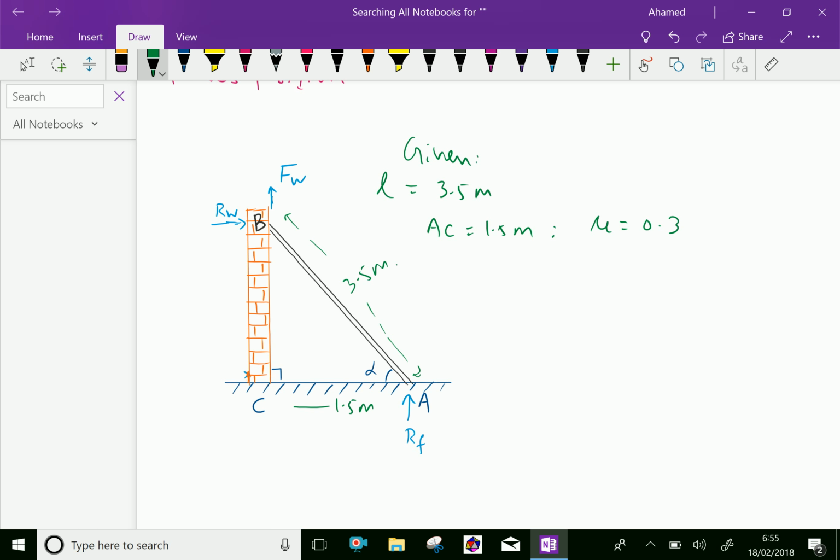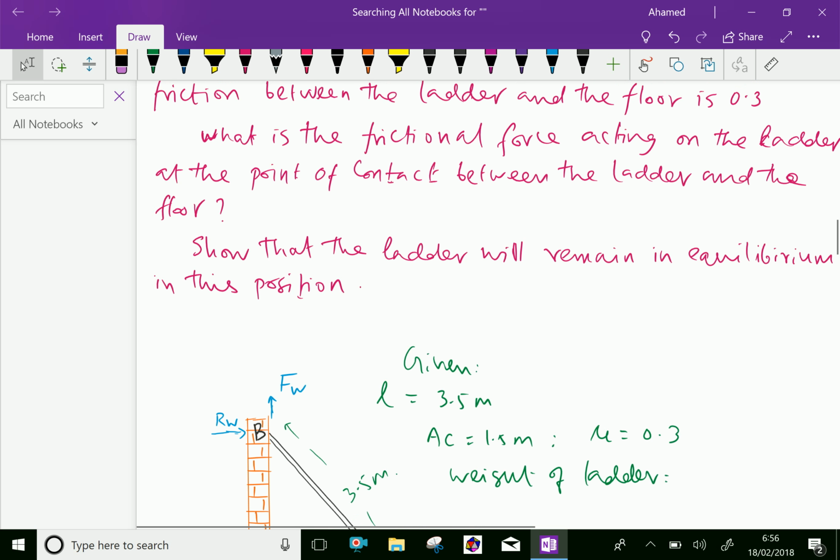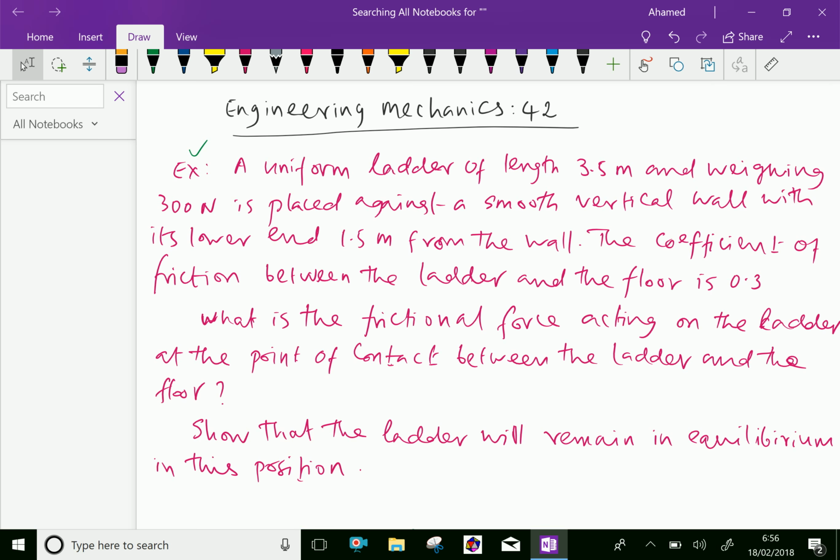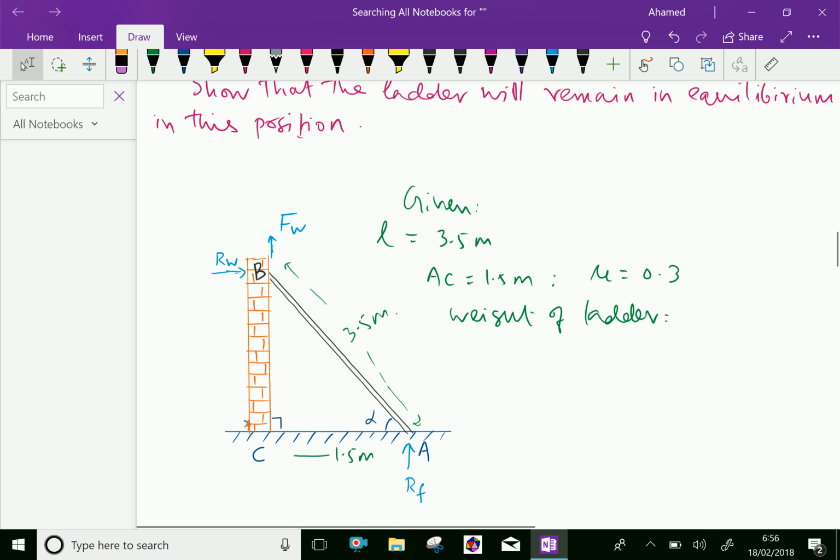Now the weight of the ladder is given as 300 Newton.